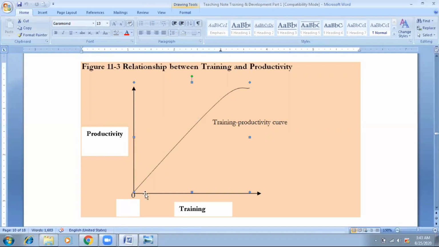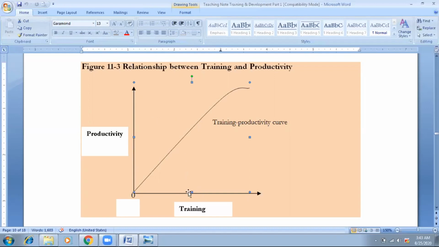Assume here the training is at this level, then the productivity is at this level. Assume that is 5. Then we increase training here, and productivity here is, assume, 10. Then we increase training further, and productivity is 15.